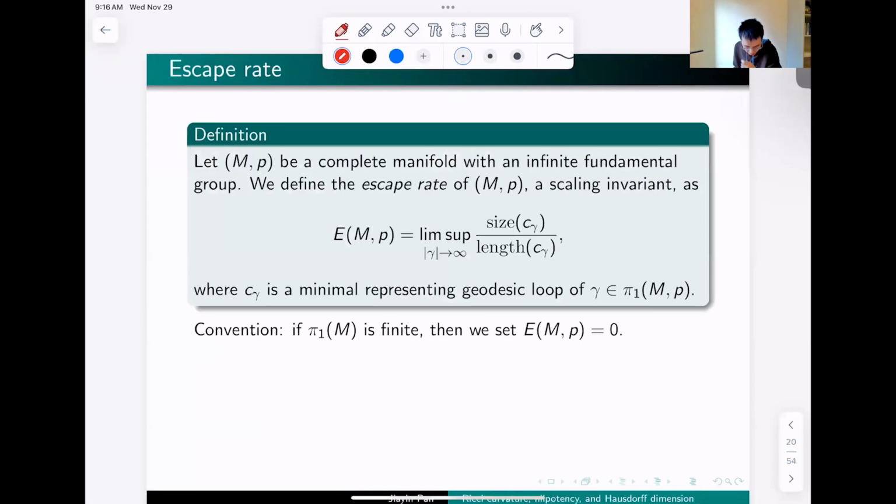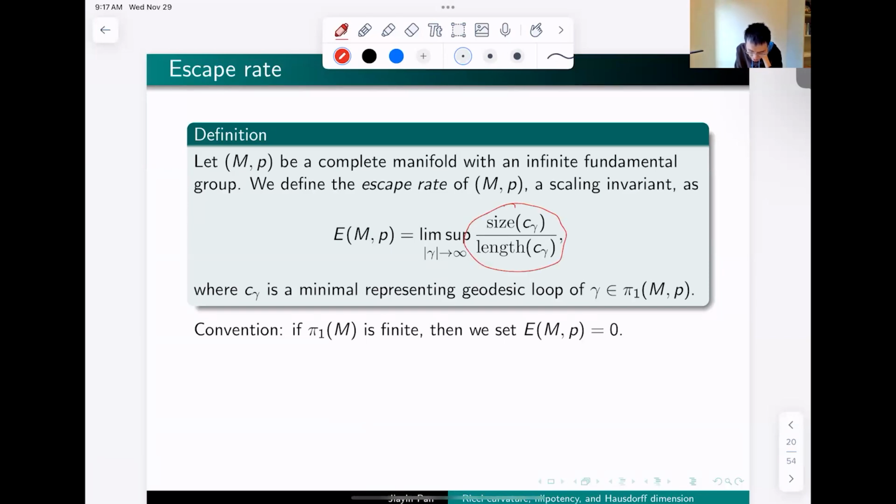Now, motivated by these examples, I introduced this notion called escape rate. Basically, we want to quantify how fast this escape phenomenon is happening there. If we take a complete Riemannian manifold and we assume the fundamental group is an infinite group, then we define the escape rate by comparing the size over the length.